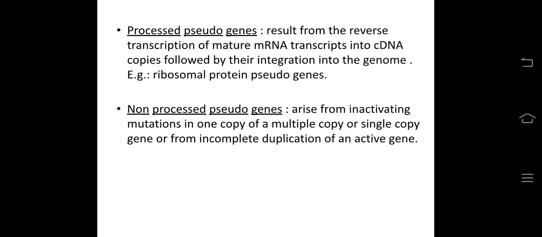That is the example for processed pseudogenes, ribosomal protein pseudogenes, processed type of pseudogenes. The non-processed pseudogenes arise from inactivating mutations in one copy of a multiple copy or single copy gene, or from incomplete duplication of an active gene.